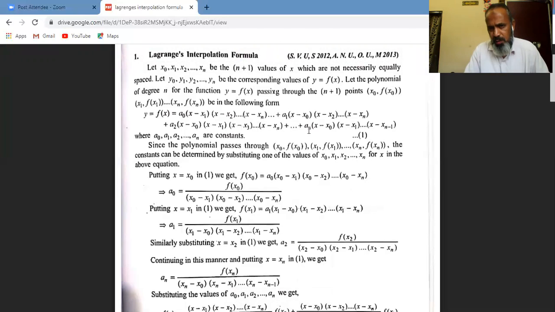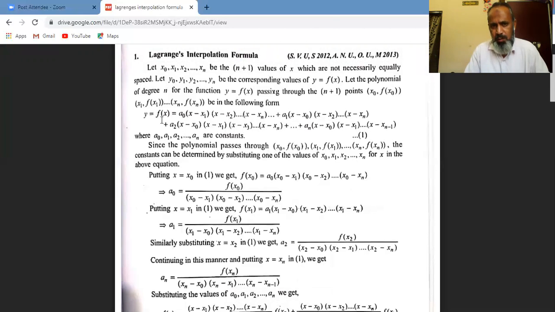And similarly, the last term will also vanish, because if we substitute x equal to x naught, all the terms will vanish except the first term, that is a0 into (x naught minus x1)(x naught minus x2) up to (x naught minus xn). So what will we get here?